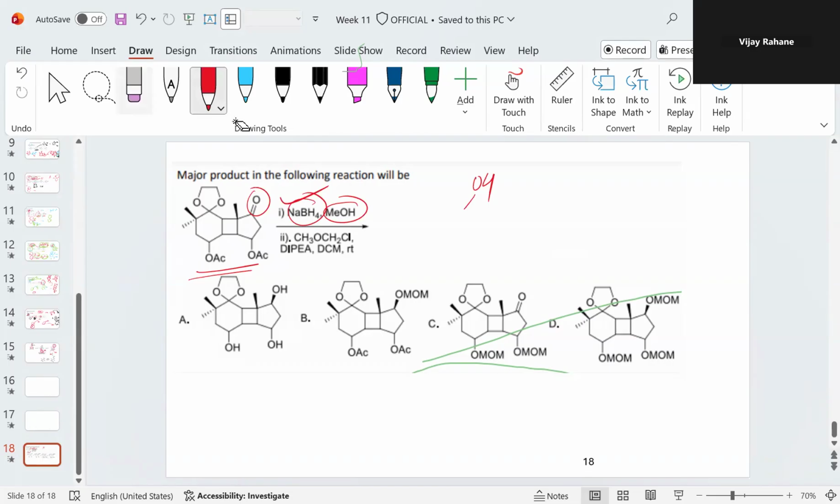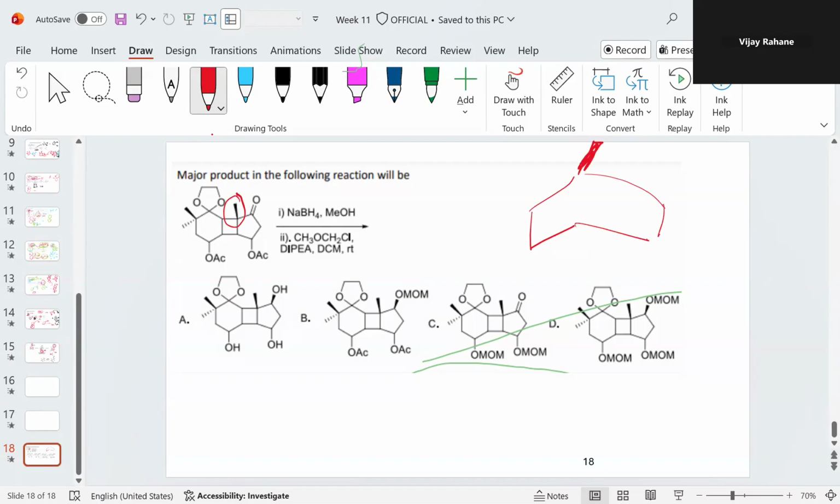If you look closely at this alcohol center, you can clearly see this methyl substituent directing upward. So obviously this entire ring will be somewhat like this, right?